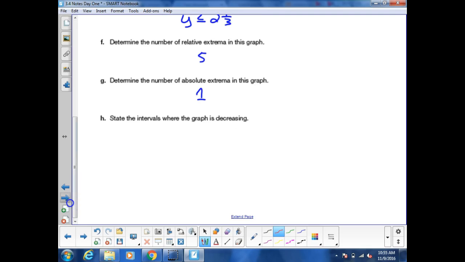And so those x values would be from negative, let's say 2.5 to negative 1.5, along with about 1/3 to, let's say, 2, and then along with 3 to infinity. That is where that function is decreasing.